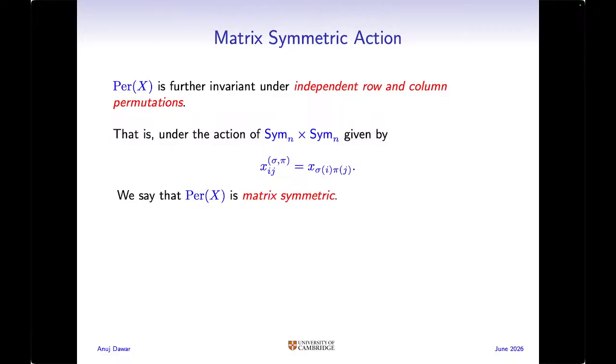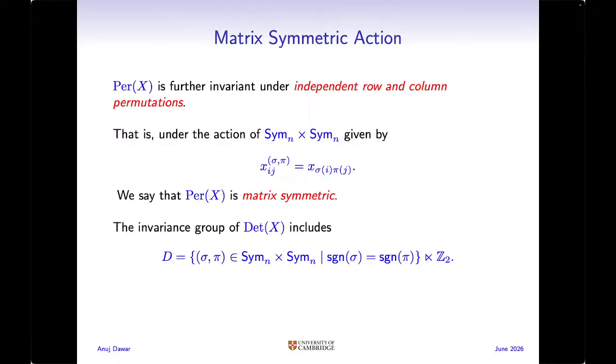In this sense, you can ask, what is the permutation invariance group of the determinant, right? Here it is, okay? Take this thing in brackets, which is a subgroup of this direct product of index 2, namely consisting of those pairs (sigma, pi), where sigma and pi have the same sign.